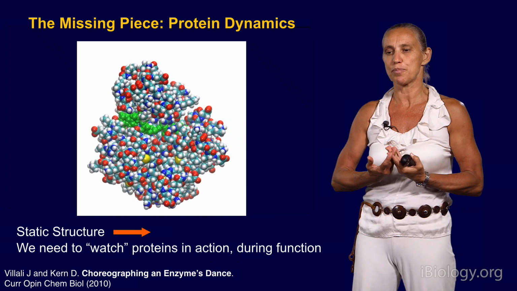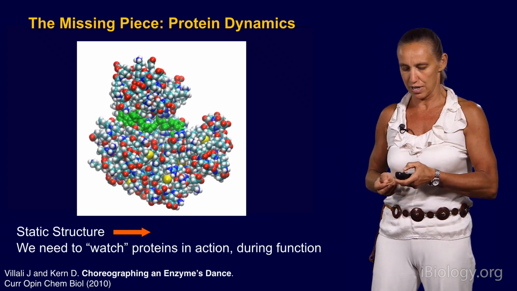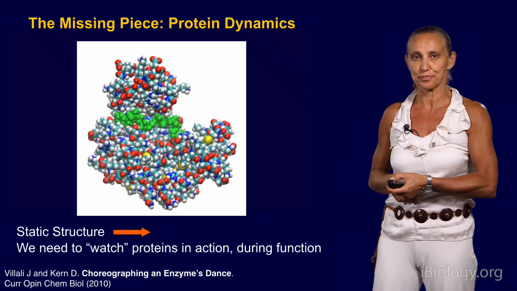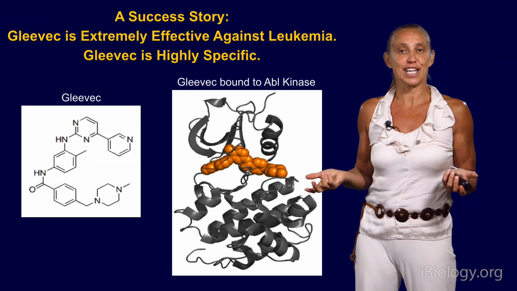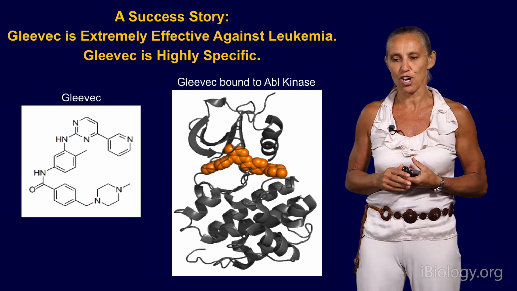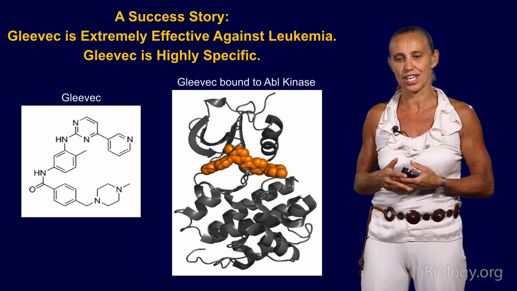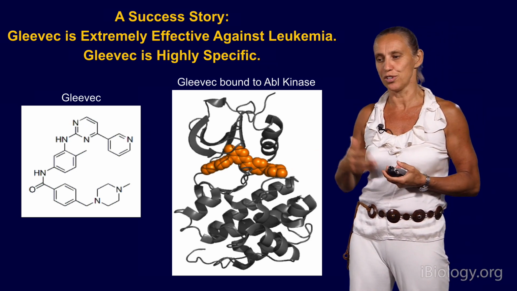But if it's a built-in property, why not take advantage of that for designing better small molecules? Since we are not clever and smart enough to really understand the energetics of proteins and protein-drug interactions at the deeper level you need to, I turned to a success story to learn a lesson.